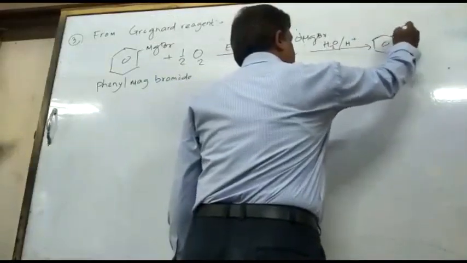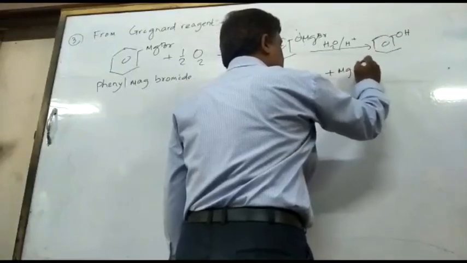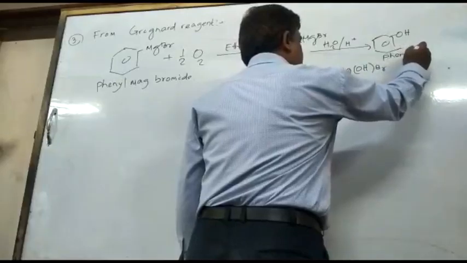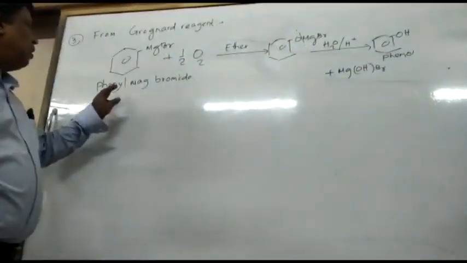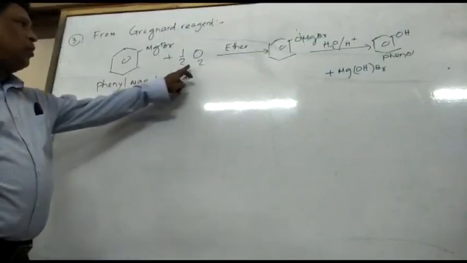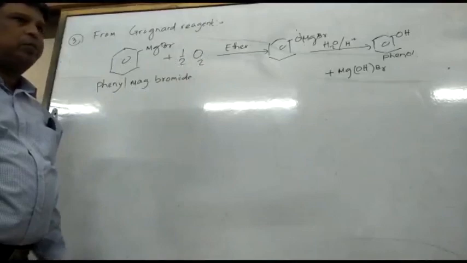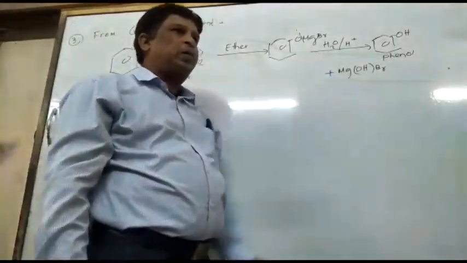The product formed is phenol plus Mg(OH)Br. I repeat again: when phenyl magnesium bromide undergoes oxidation in ethereal medium, an addition product is formed, which upon hydrolysis in acid medium gives phenol.